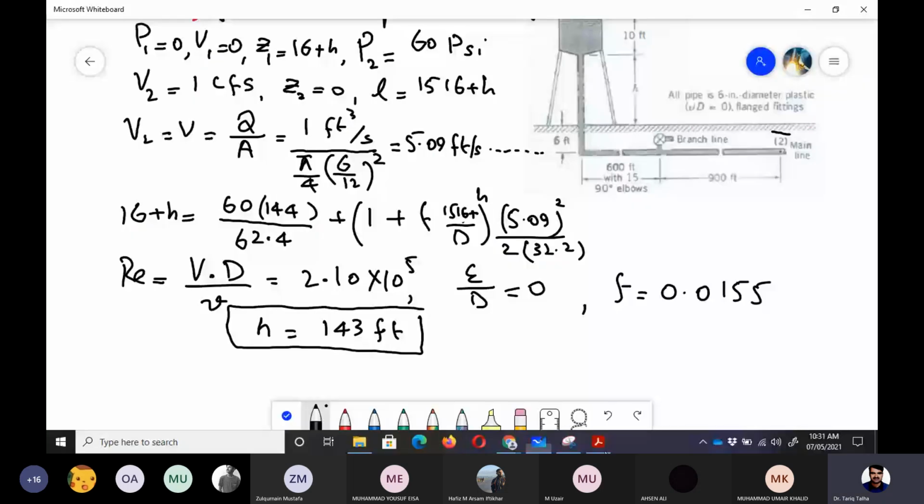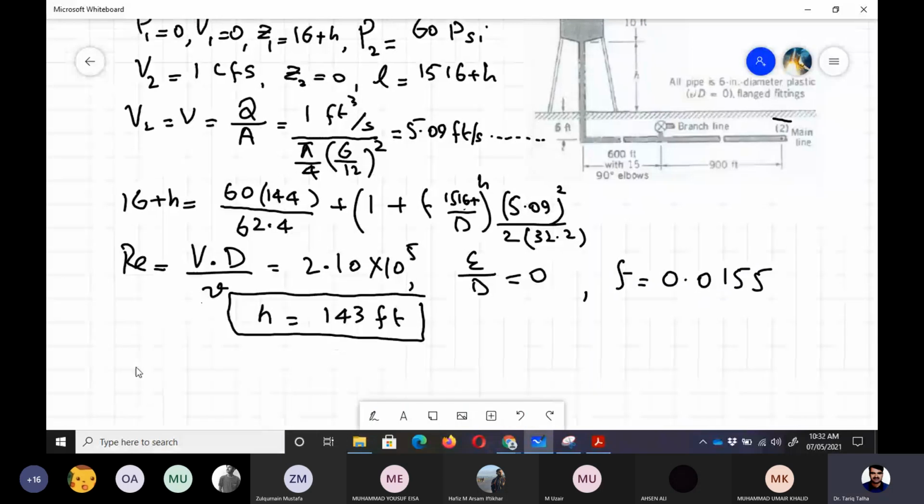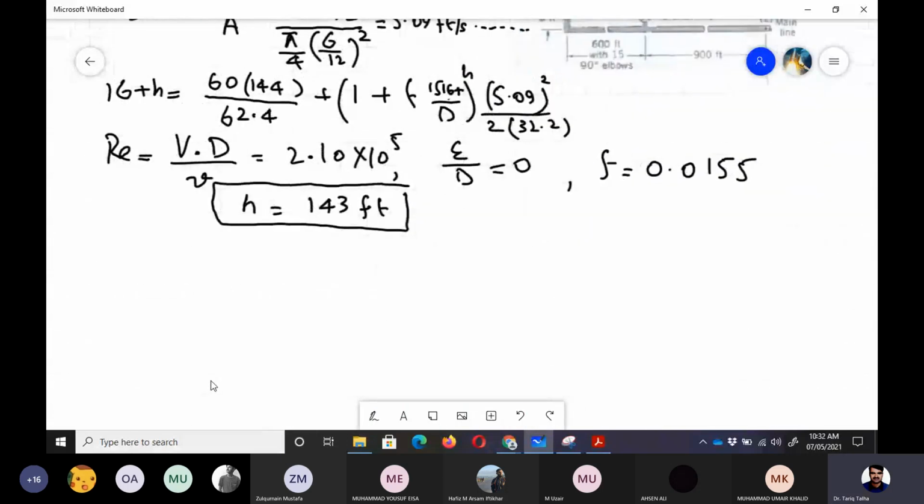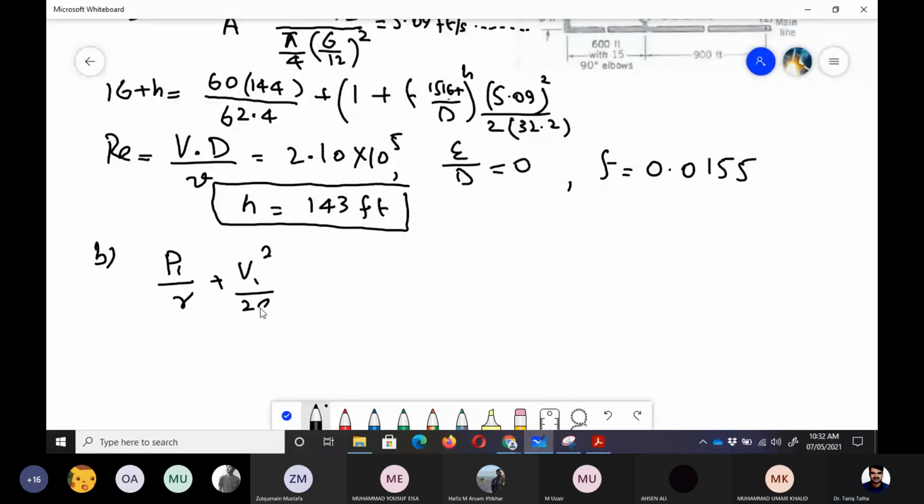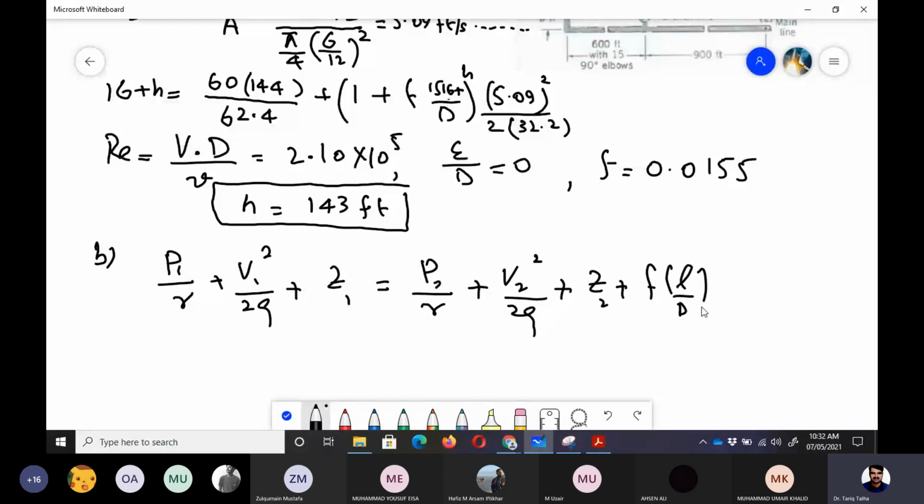And now we need to consider the minor loss in part B. For that, if we write the equation now, it would be almost the same, but there would be one additional term: P2 upon gamma plus V2 square upon 2g plus Z2 plus fL upon D times V square upon 2g plus K_L V square upon 2g.